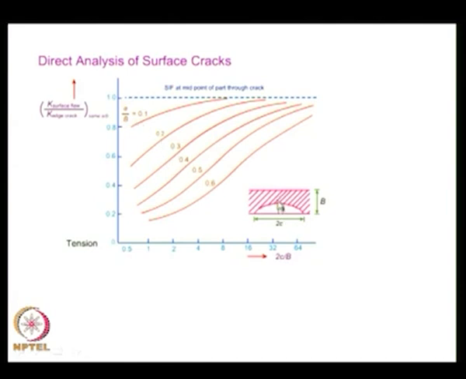When the depth of the crack in the specimen increases, for the stress intensity factor at this point to reach the edge crack value, you need to have a very long surface length. Only then it will become, this is the line where you have the SIF for the part through crack, and you have the edge crack value, the ratio is 1 here. So, for it to attain this, you need to have a long surface length.